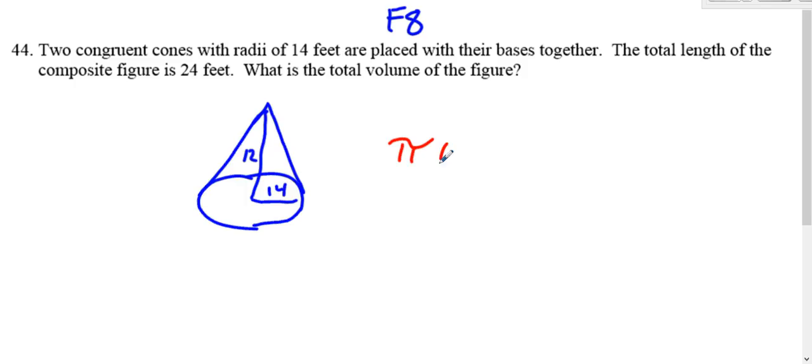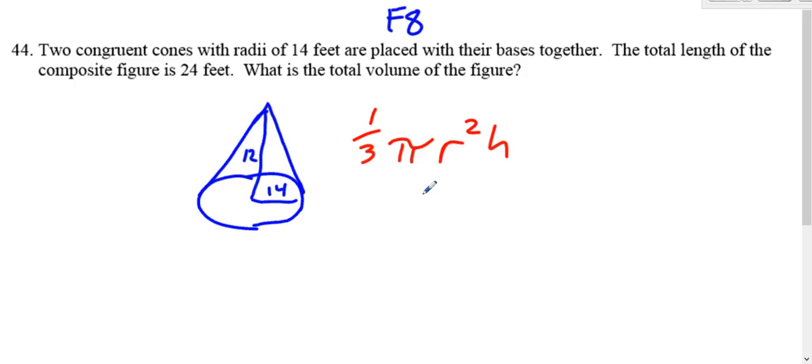Volume of a cone is pi r squared times h, and since it's a cone, it's times a third, or divided by 3. We're going to plug in 14 for r and 12 for h, and 3.14 for pi.